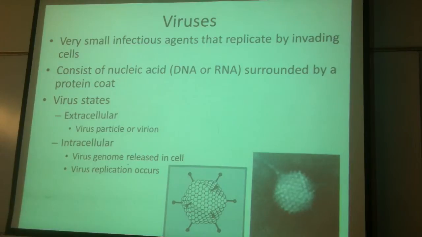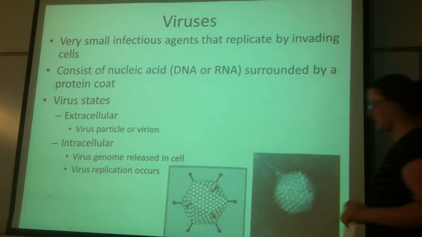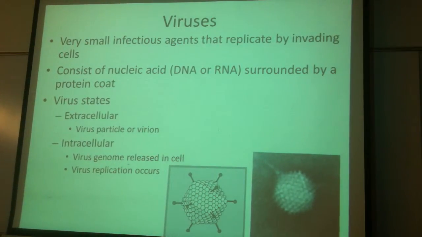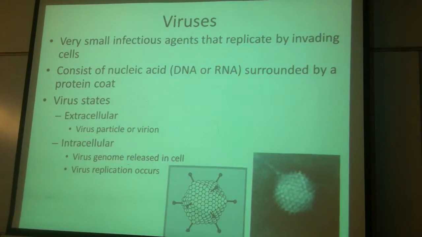So a virus can have DNA, it can have RNA, it can be single-stranded or it can be double-stranded. So if you see DS or SS, it can be DS DNA, DS RNA, and so on.